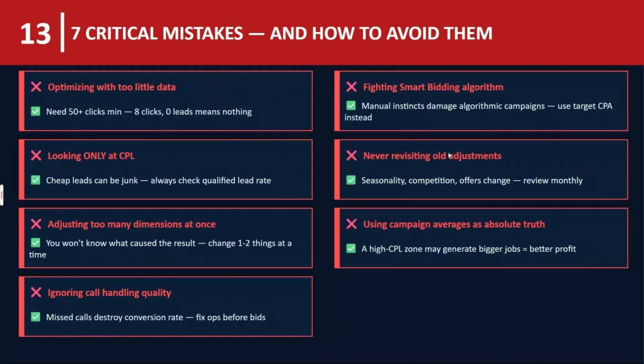What worked 6 months ago might not work today. Seasons change, competition changes, your offer changes. Review your adjustments at least once a month. Mistake 7: treating everything equally. An allocation with a higher CPL might generate much bigger jobs and better revenue. Always think about the full business value, not just account numbers.